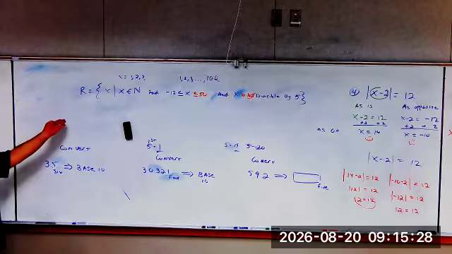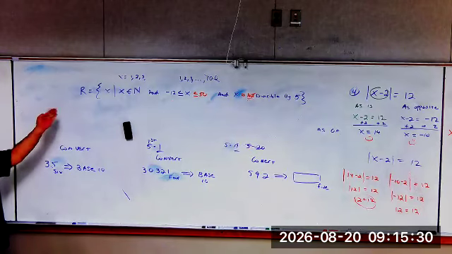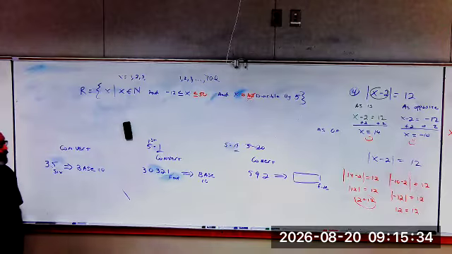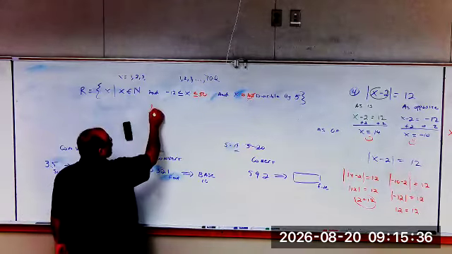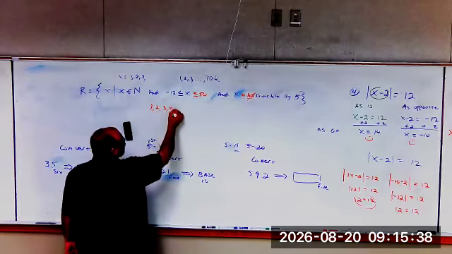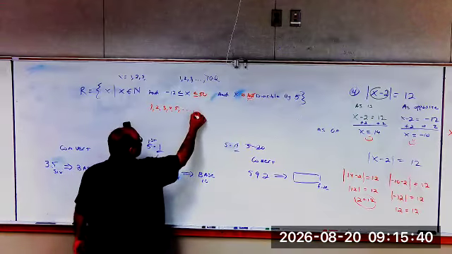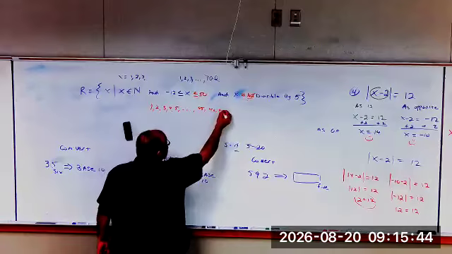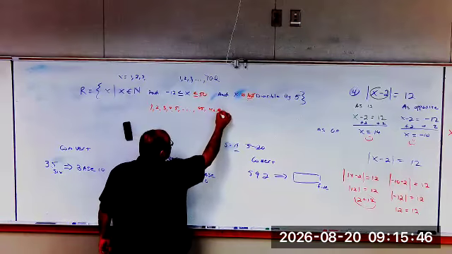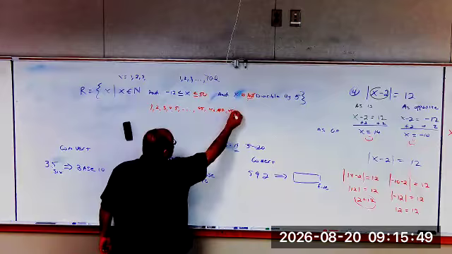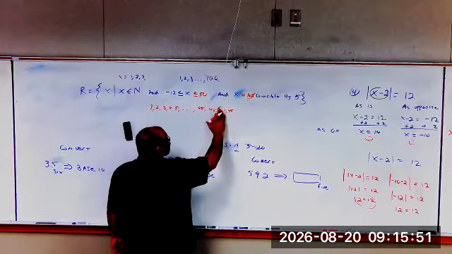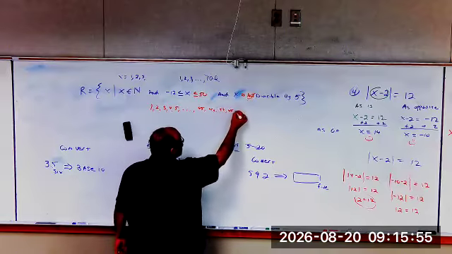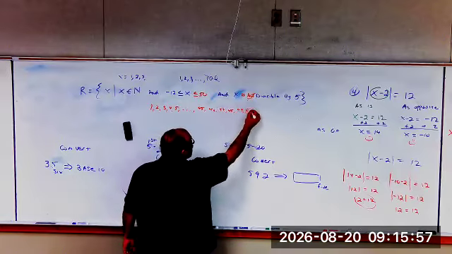So it's a natural number, a counting number between negative 12 and 50. So natural numbers would start at 1, 2, 3, 4, 5, all the way to 45, 46, 47, 48, 49, and then 50.